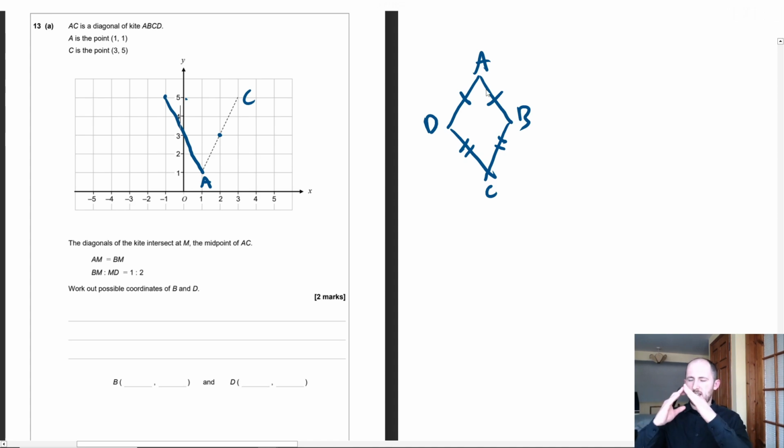Because if you have a kite like that, they would intersect at point A, right? BM to MD. Why would they intersect?